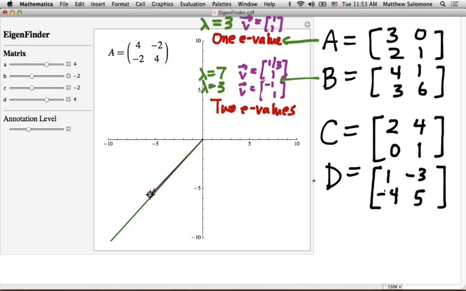What about C? How many eigenvalues did it have? Let's just do that the quick way. 1. And what was it? Lambda equals 2. And matrix D? What were its eigenvalues? 7 and -1.